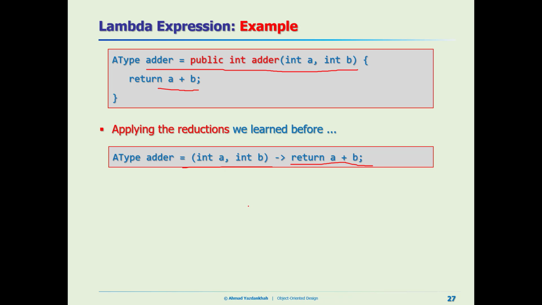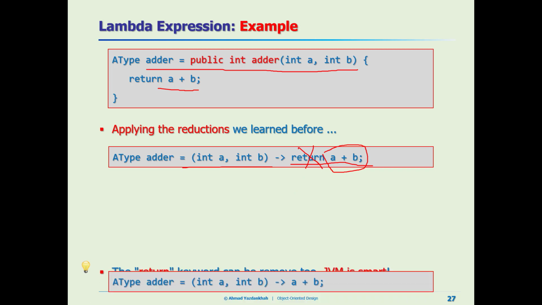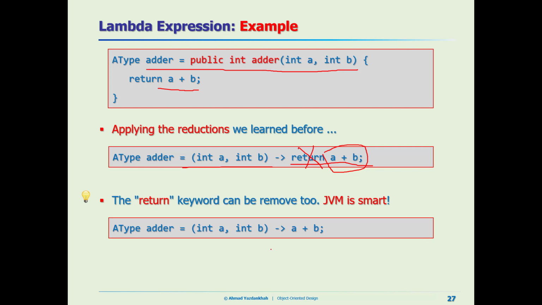Okay. Another pruning that we can do is removing this return. Why? Because as I said, the JVM, Java Virtual Machine, is so smart nowadays. It can figure out that when you put something like this, you mean returning that value. So that return can be removed as well. All right.